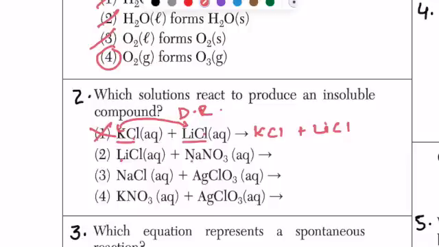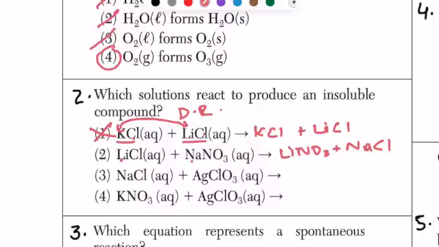In the second one, when you switch lithium and sodium, you end up with lithium nitrate, and you have sodium chloride. So now the question is saying we are looking for an insoluble compound as a product. To figure this out, I hope you all remember, we go ahead and use the beautiful Table F. Table F tells you which ions are going to make soluble or insoluble compounds.